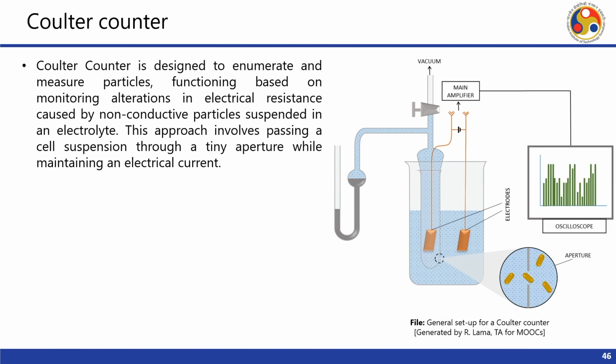A Coulter counter is designed to enumerate and measure particles, functioning based on monitoring alterations in electrical resistance caused by non-conductive particles suspended in an electrolyte. This approach involves passing a cell suspension through a tiny aperture while maintaining an electrical current.